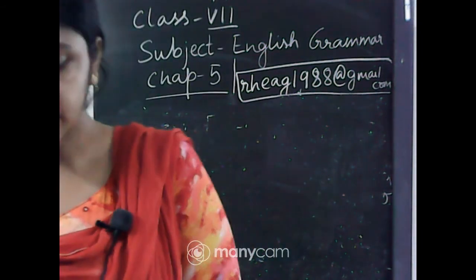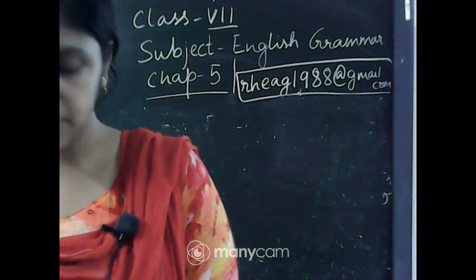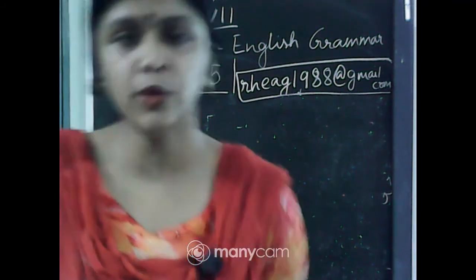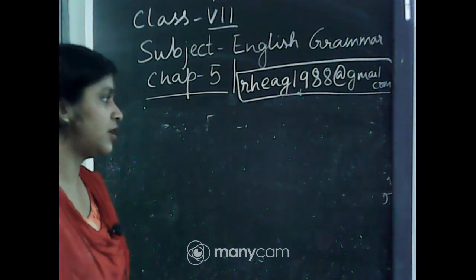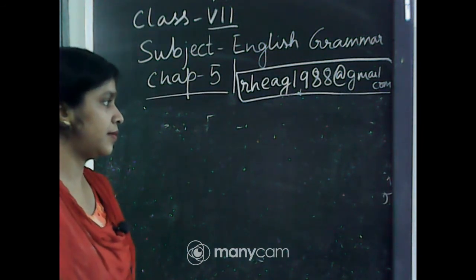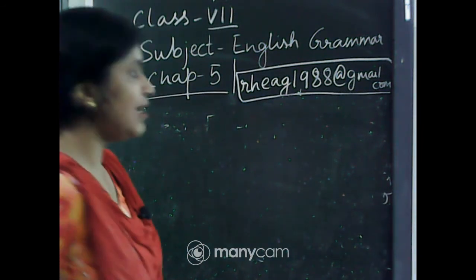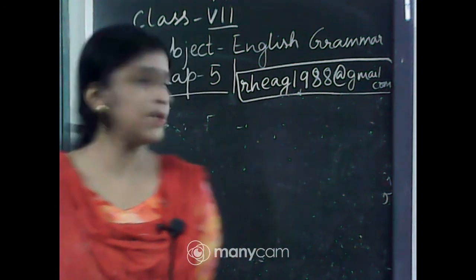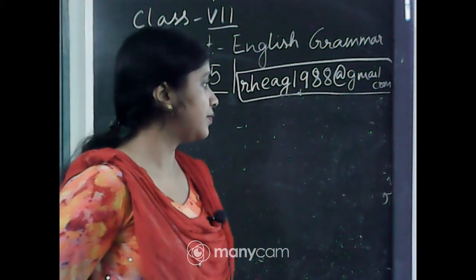Today we would be continuing with the chapter articles and determiners, and we would be beginning from exercise H. I think till exercise G it has been completed. Good afternoon.